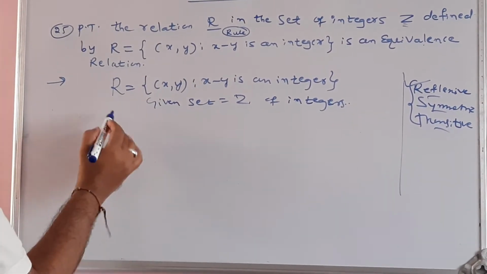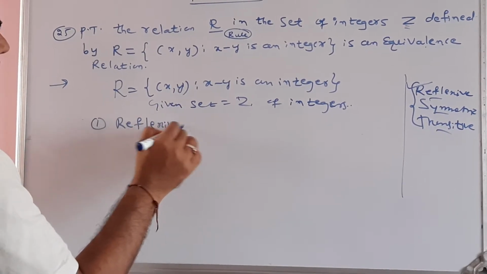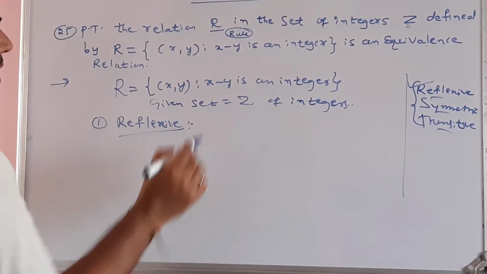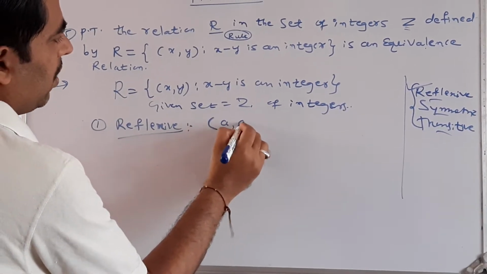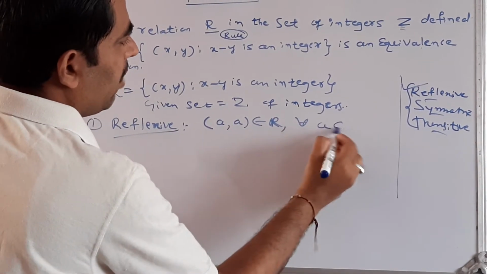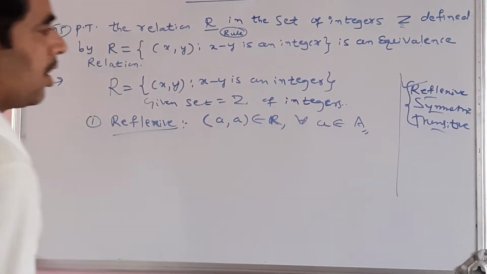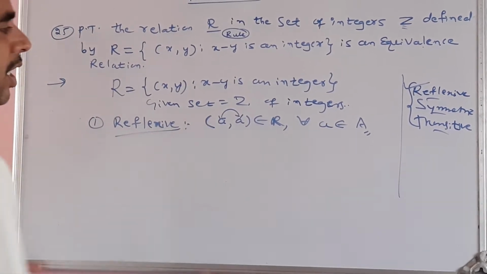Let us consider reflexive first. The definition of a reflexive relation says A comma A belongs to R for every element belonging to the given set A. So every element should be related to itself.